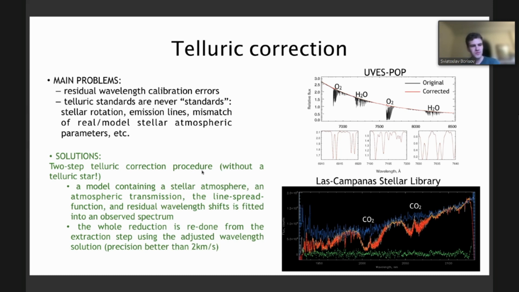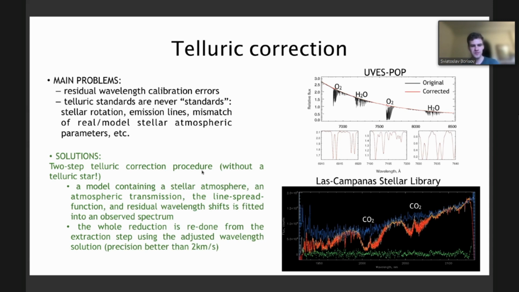The second type of problem with telluric correction is that the most common way to perform it is to observe spectra of so-called telluric standards. Usually they are fast rotating A-type stars. But they're not really standards. Why? Because they might have different rotational velocities, they might have emission lines in their spectra, and also some mismatch between real atmospheric parameters and model atmospheric parameters is possible.